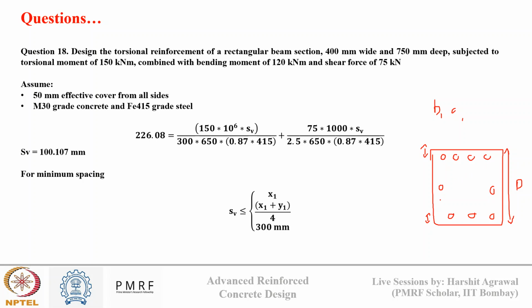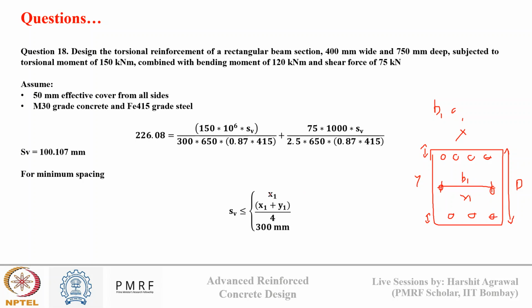Now x1 and y1 again. This is x and this is y. If I know this distance is B1, then in B1 if I add the reinforcement diameter of both sides, then I will get x1. Similarly for D1, if I add reinforcement diameter of both sides, then I will get y1.